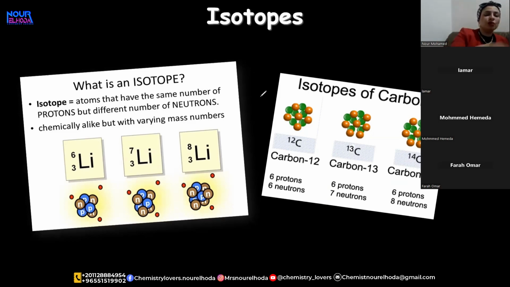You can say also they have the same proton number. As you see, all of the lithium atoms have proton number 3, but different mass numbers: here it's 6, here it's 7, here it's 8. So all of them have the same atomic number, but the mass number is different.